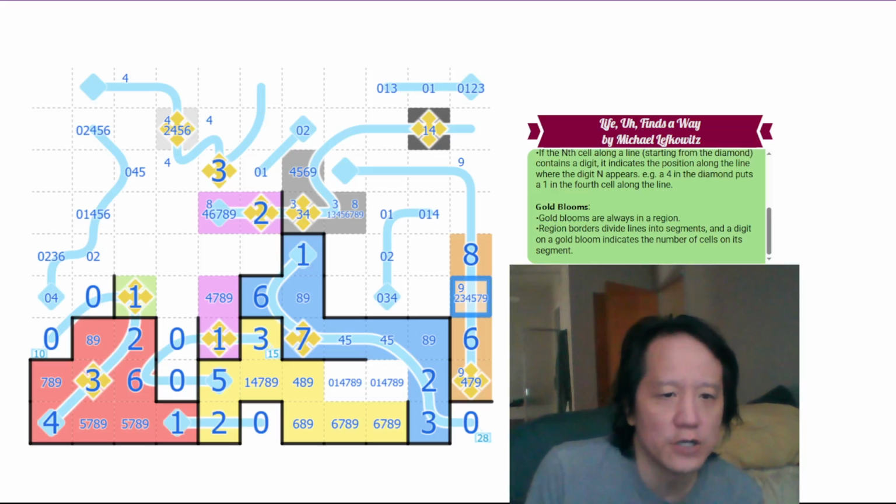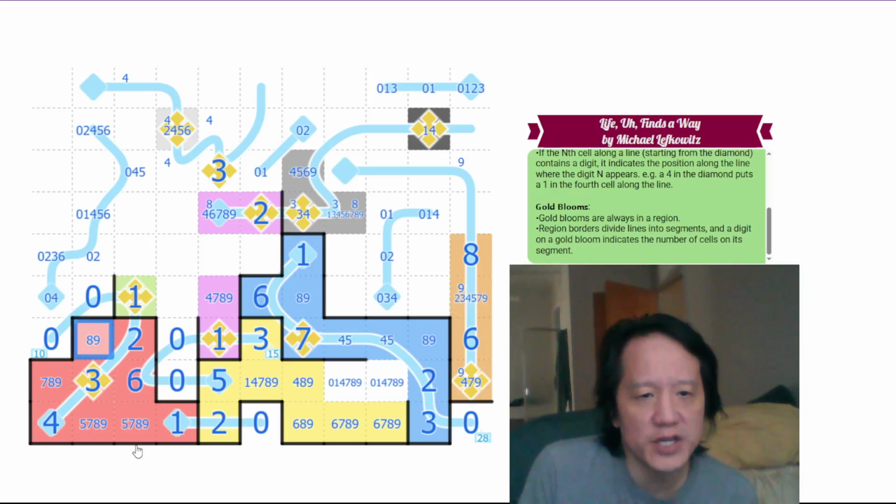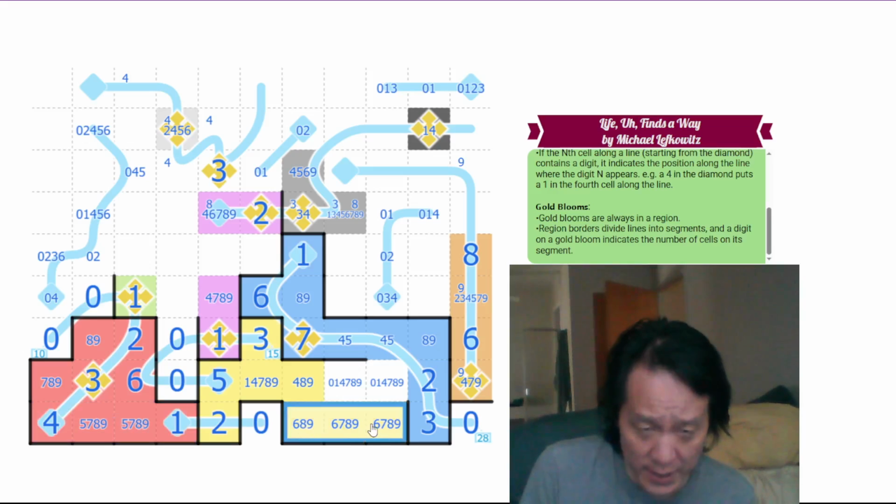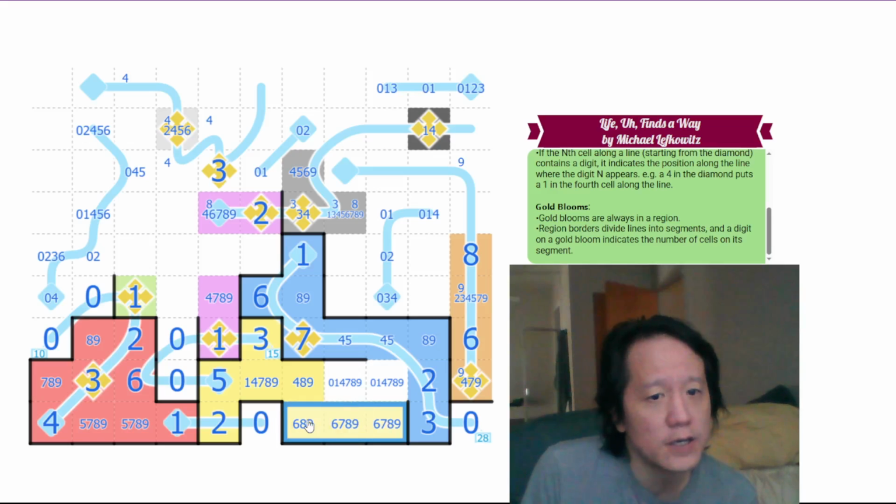Interesting. Where is this 8, 9 in row 9? Row 9 and row 8. It cannot be here, so it must be in the yellow part of row 9. That means there's no 8 or 9.